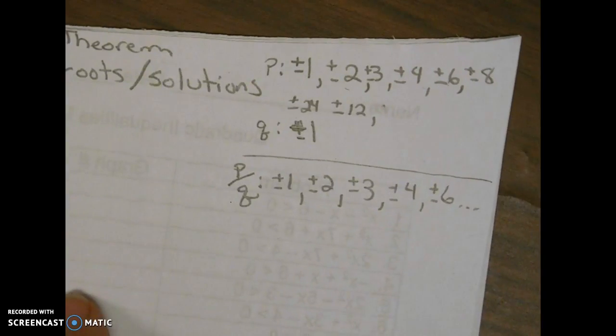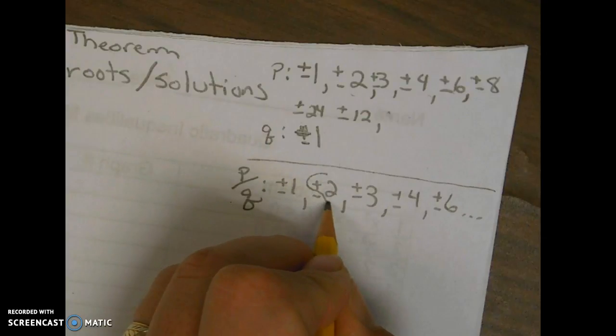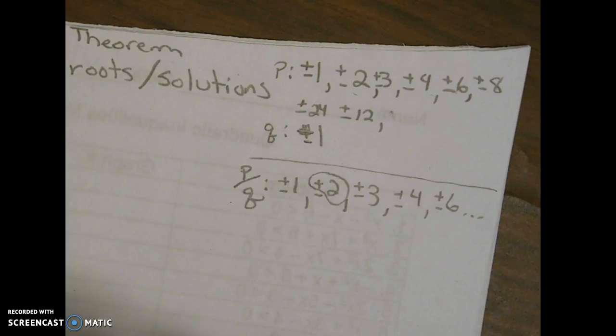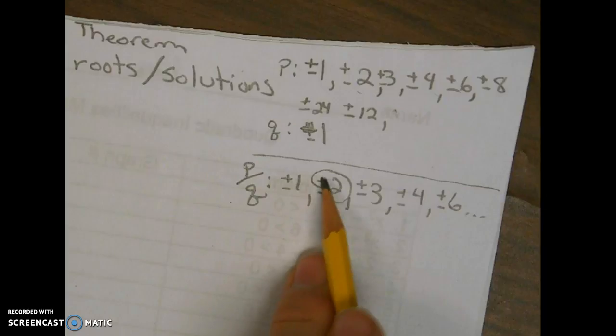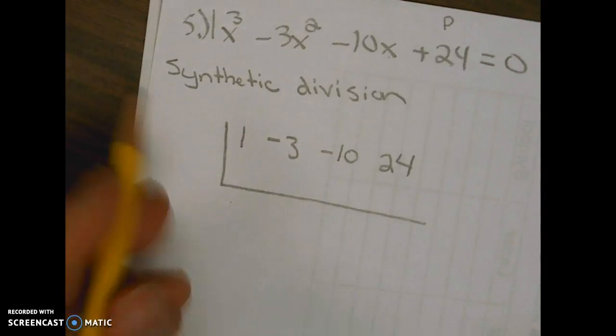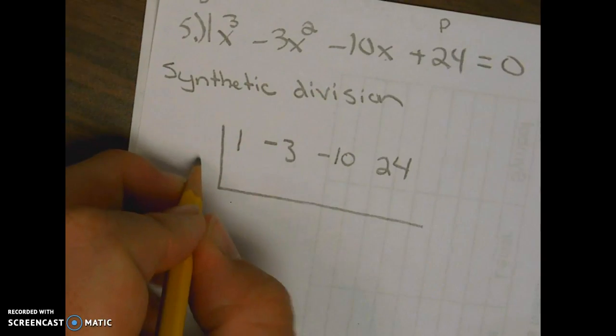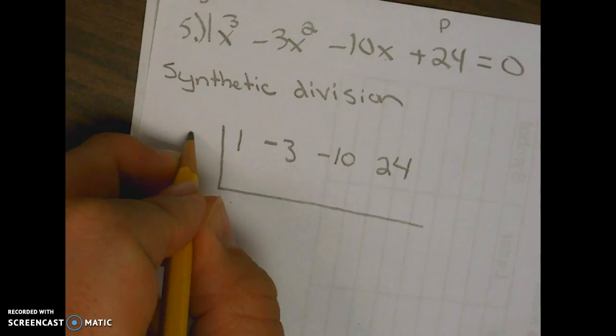So since I already know what one of the solutions is, we're going to go straight to it. We're going to use +2 as one of the solutions. You would have to test them to find out which one's going to work. So +2 is going to go over here. We're going to divide by 2.